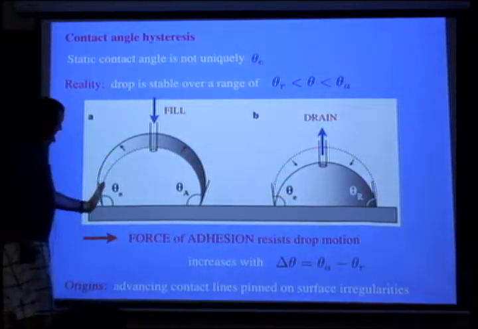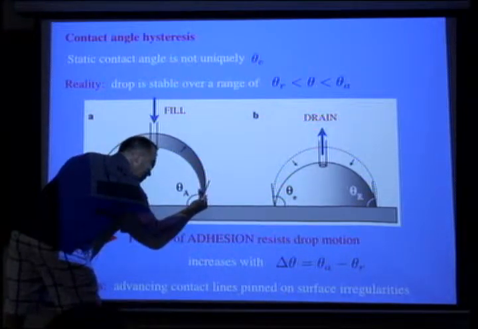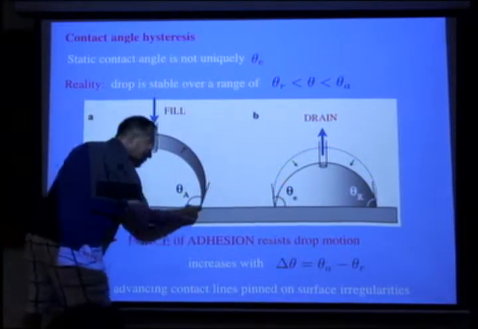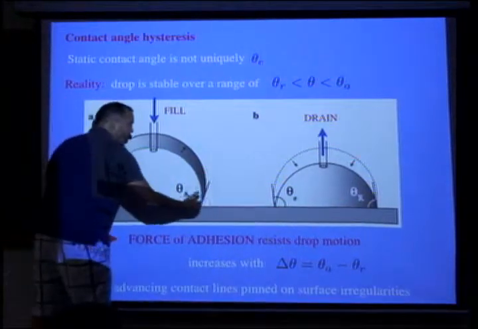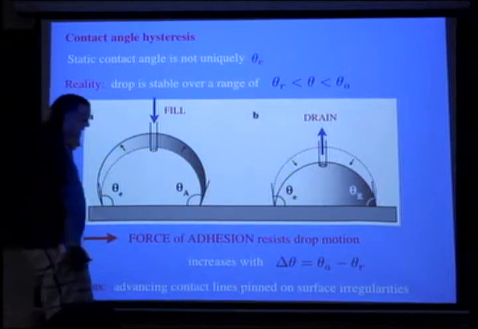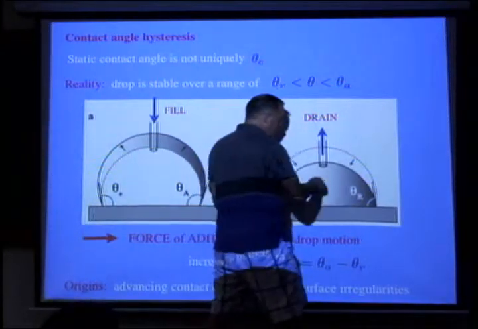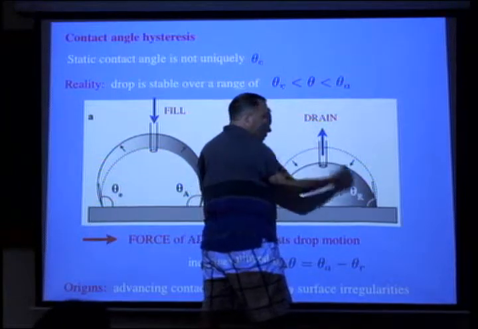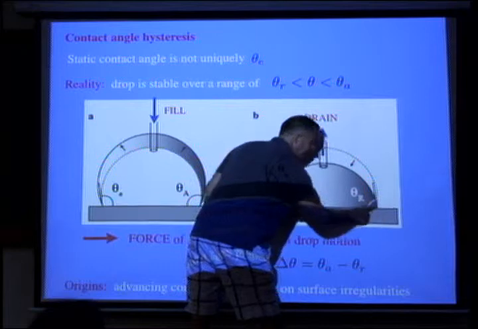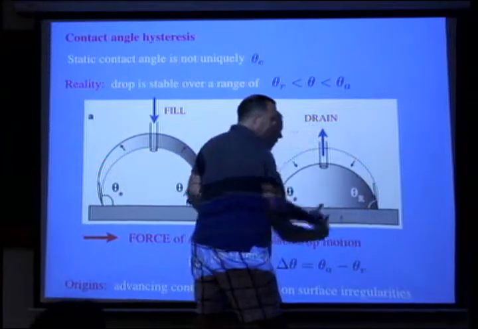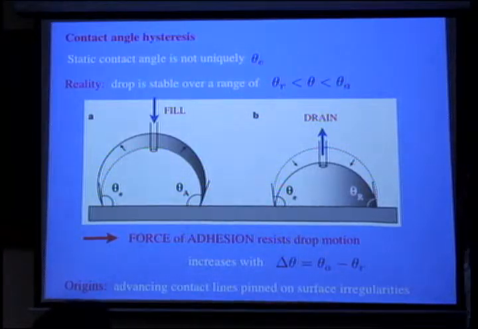So you start with an equilibrium value, they remain pinned, and as you fill it up, the static contact angle increases until it reaches the advancing angle, and then the contact line starts moving. Similarly, if we start with an equilibrium and draw fluid out, the static contact angle decreases until reaching the retreating value, and then the contact line starts moving. We can see this in a video.